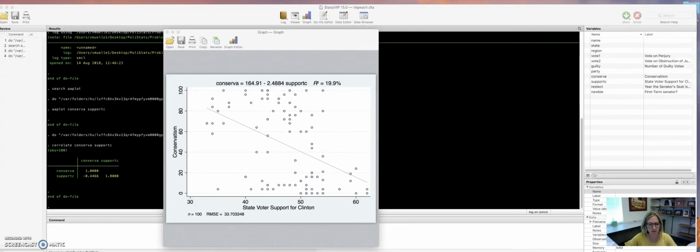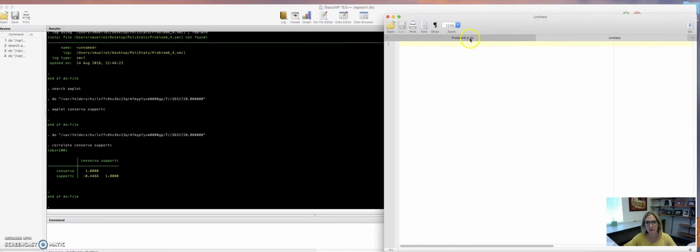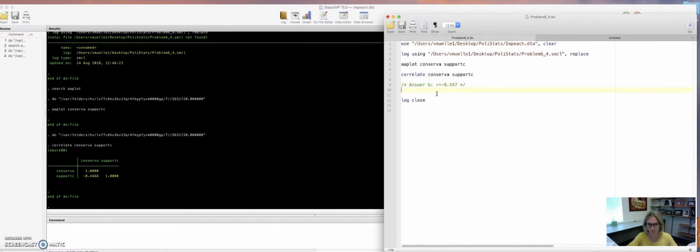We know for the simple linear regression that capital R is equal to the absolute value of lowercase r. Remember, capital R is a measure of goodness of fit. Let's go back to our do file. So capital R is equivalent to the absolute value of lowercase r, which is the correlation coefficient.